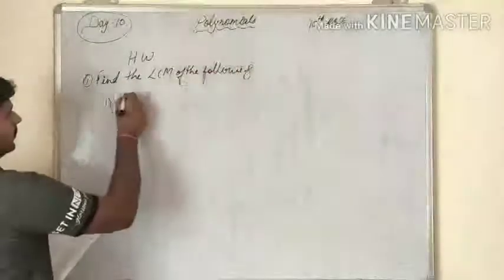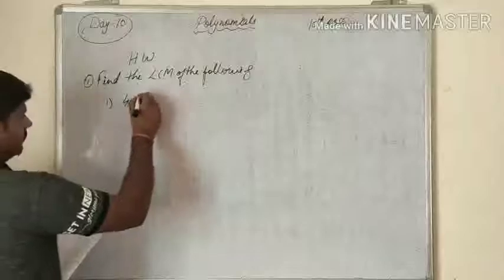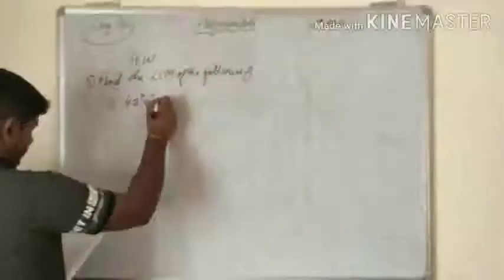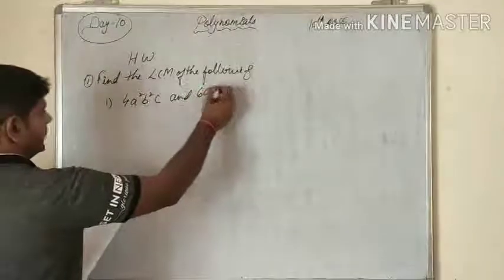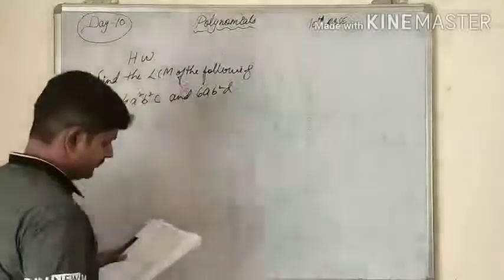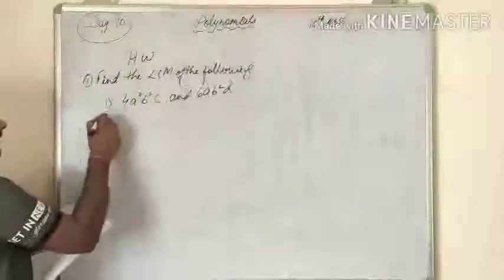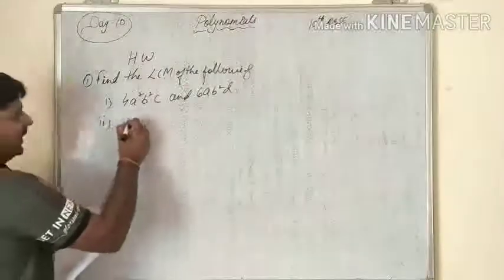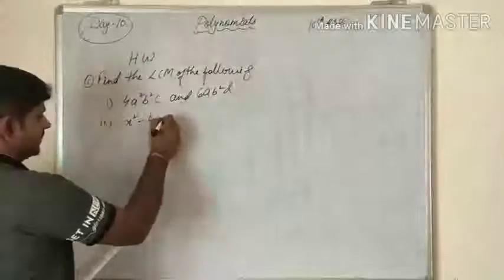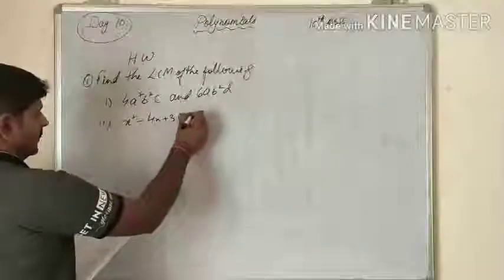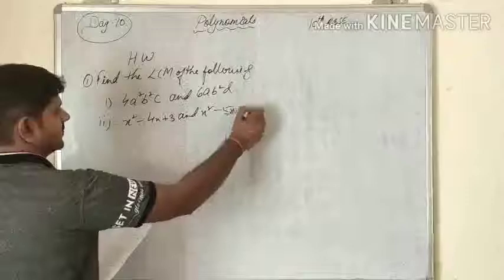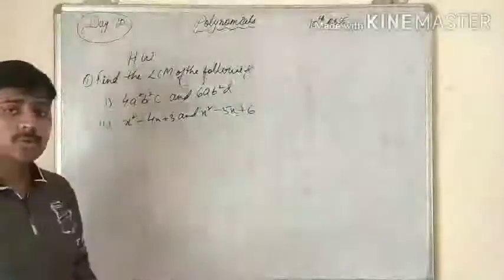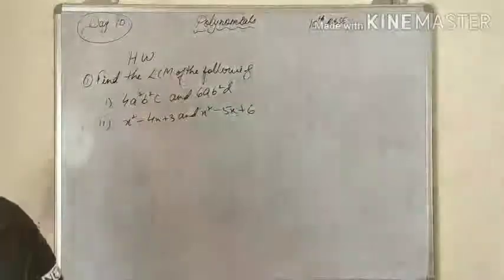First part is given: 4a square b square c and 6a b square d. And second, x square minus 4x plus 3 and x square minus 5x plus 6. These two questions are homework for finding LCM.